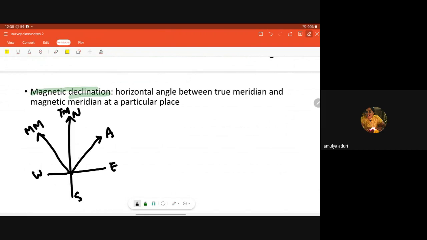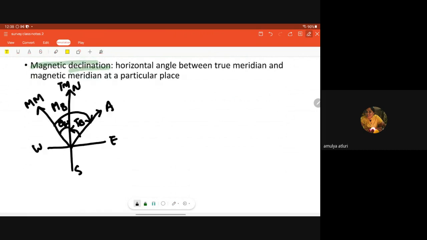So this one is my true bearing, and this one is my magnetic bearing. This is nothing but theta, the dip or declination. Dip theta west: this is western declination.